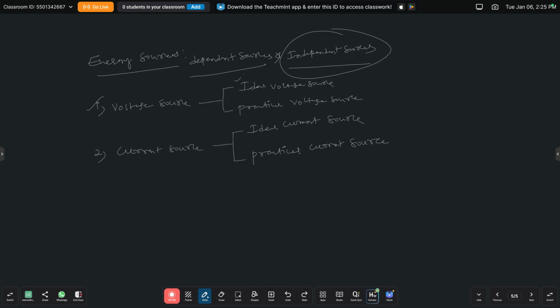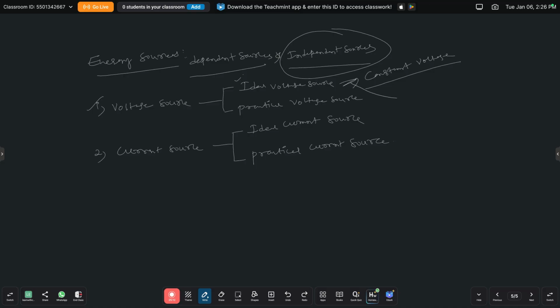So what is meant by an ideal voltage source? The ideal voltage source can be defined as the energy source which gives constant voltage across its terminals irrespective of the current flowing through the circuit.